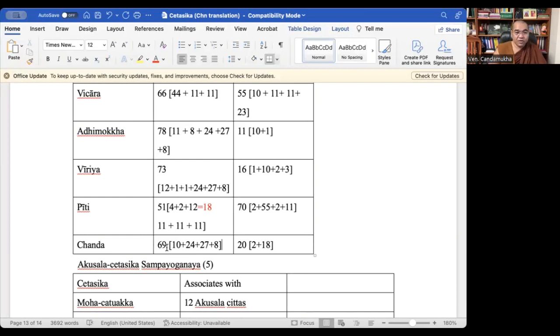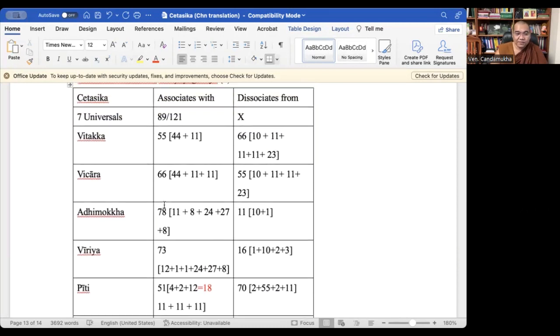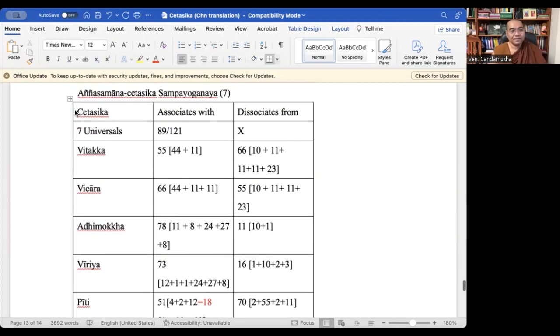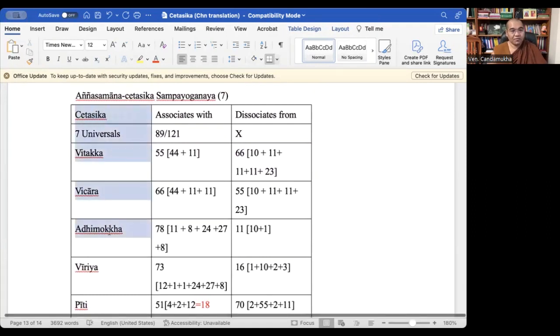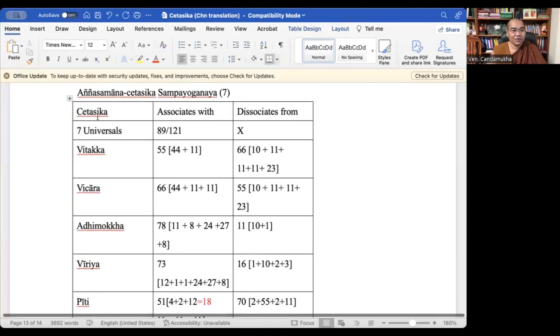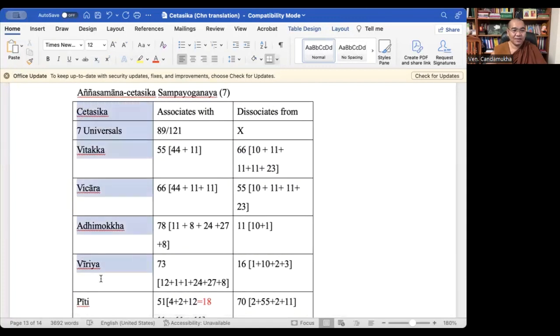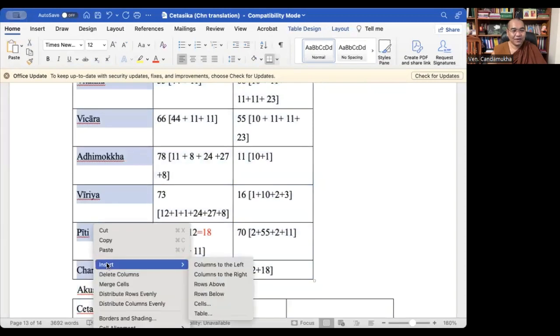So altogether, these are 13 Annasamana Cetasika. For the 13 Annasamana Cetasika, I will add one more column to give a name.